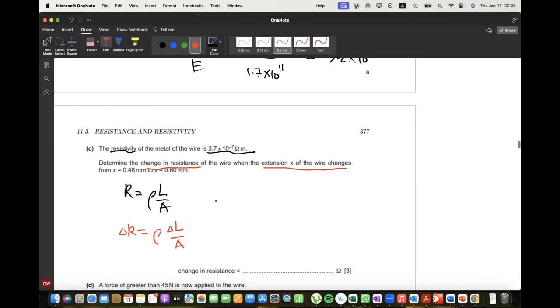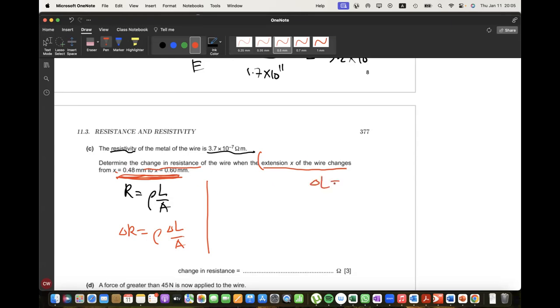So how to count? Do you know the change of length? We are given the extension change from this to this one. So this is the change in L. Even though this is X, this is L, never mind, you don't have to go too deep.